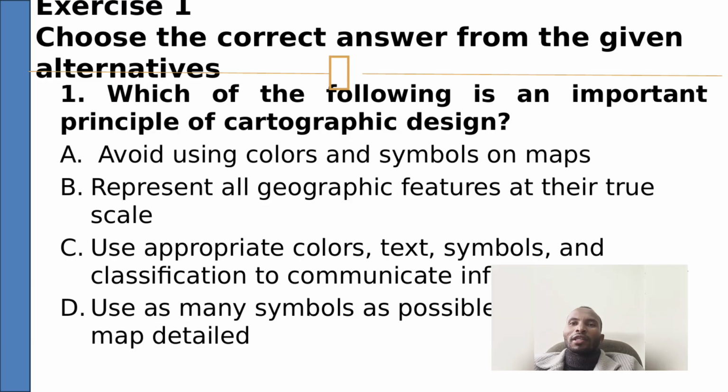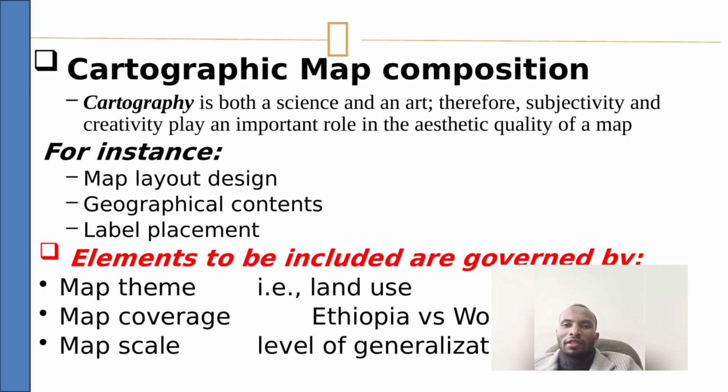And having covered cartographic design, now we are going to proceed to cartographic map composition. As you know, cartography is both a science and an art. Therefore, subjectivity and creativity play an important role in the aesthetic quality of maps.